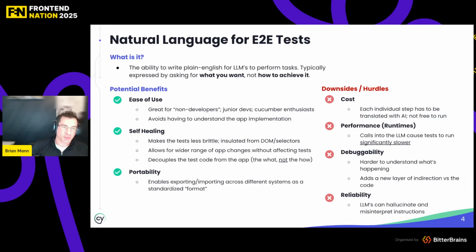But with that said, pulling that off, especially in the world of automated testing, is definitely no easy feat. There are several significant downsides and hurdles to really any viable solution that you would have to overcome. First off, if you're used to writing code, code is free to run, but having every individual step translated by AI is definitely not free.